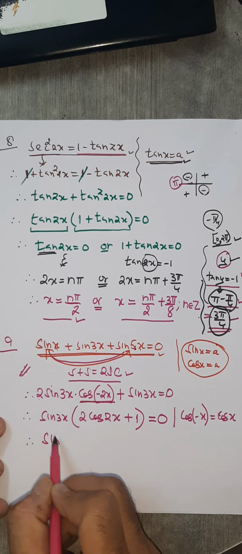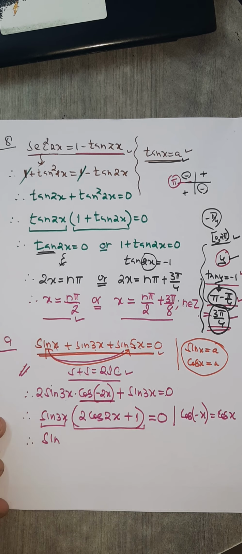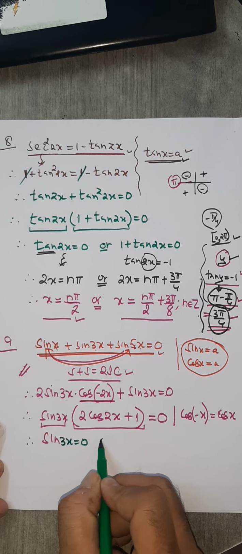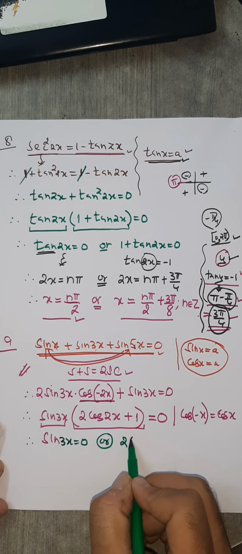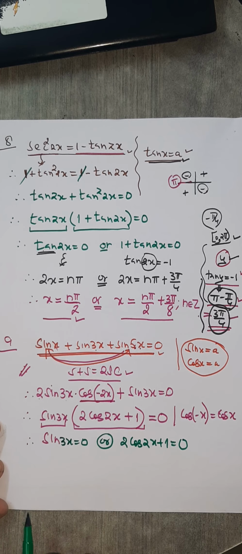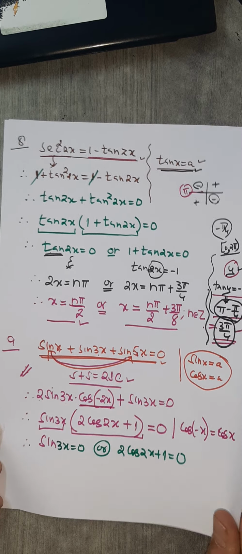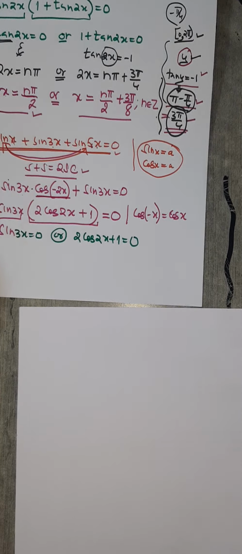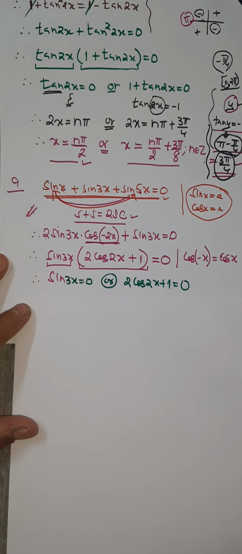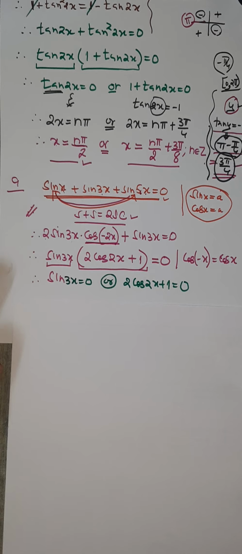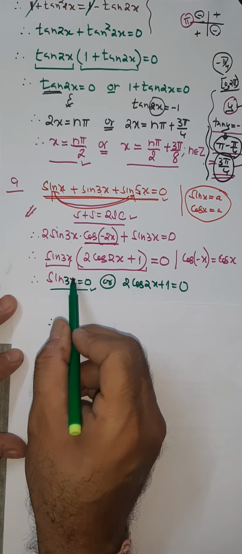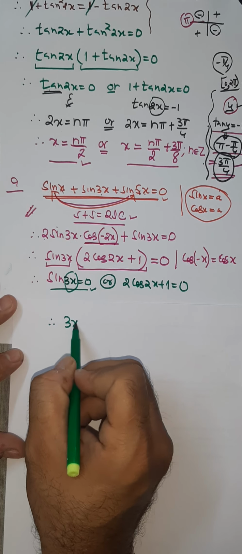Now either this should be 0 or this should be 0. So either sine 3x equals 0 or twice cos 2x plus 1 equals 0. Now the next step. First, zeros of the sine function, you know it is n pi.